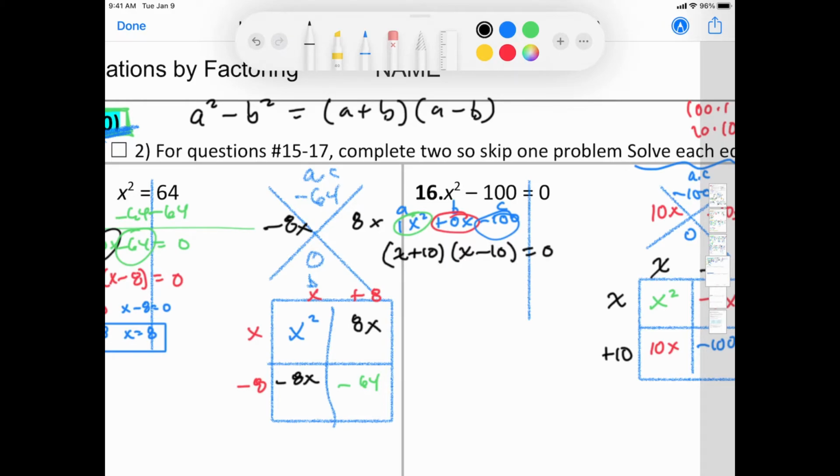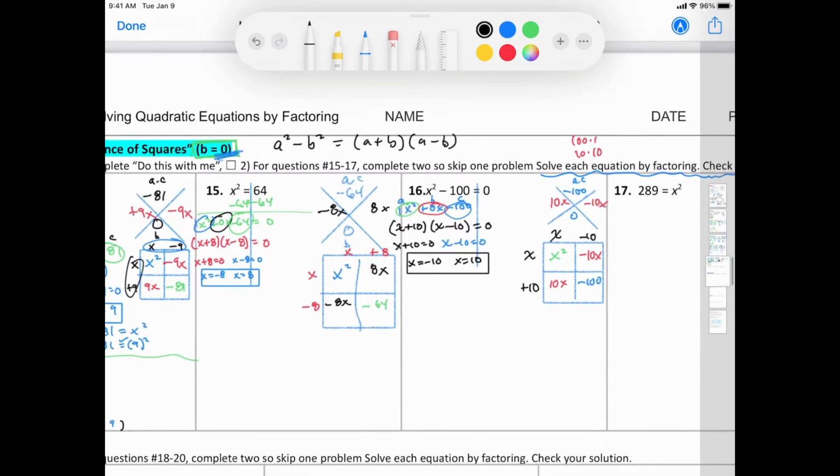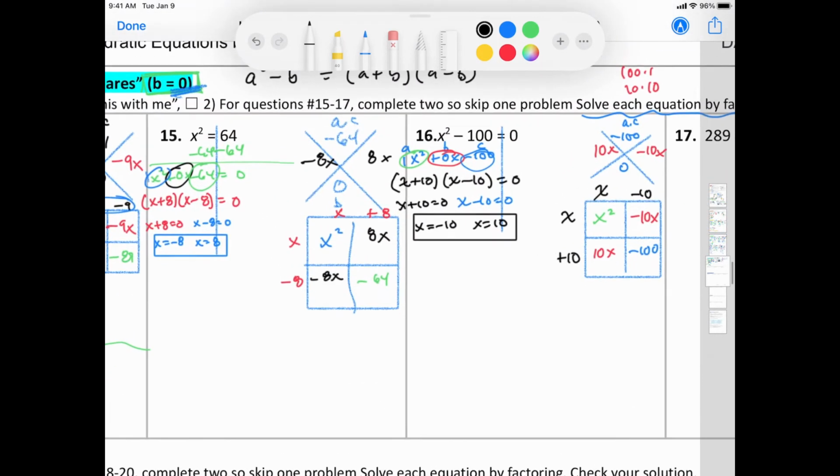Set both of those equal to 0, and then you just solve. So subtract 10, you get negative 10 here, and over here you get positive 10. Those are our two solutions, and then we forgot to check our answers.